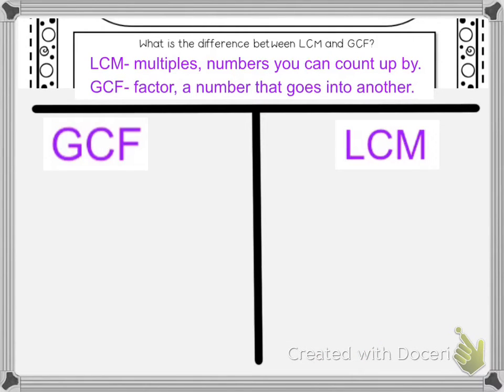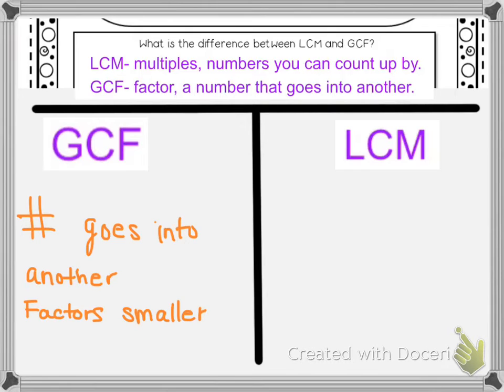So LCM, or multiples, are numbers that you can count by, and GCF, or factors, is a number that goes into another number. This chart is not on your paper, it's just to help you have a better way to remember GCF and LCM. So factors are numbers that go into another number, and factors are smaller.